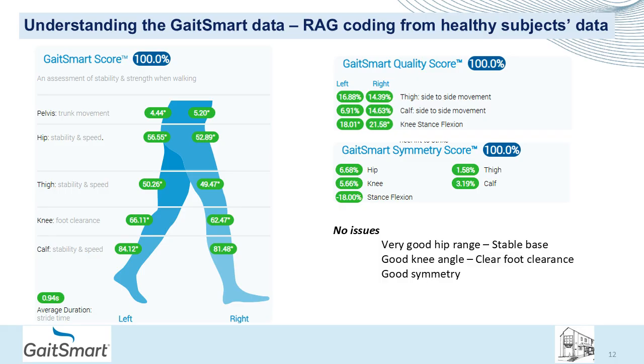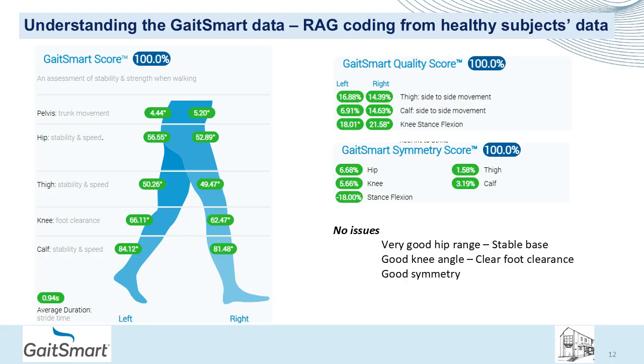The stride time is a gross metric, but it tells you there's something wrong. If it's below 1.2 seconds, that generally suggests it's a healthy person. If somebody has a problem, they slow the stride down, it's either pain or the lack of strength to be able to move them forward, so everything's very much slower.